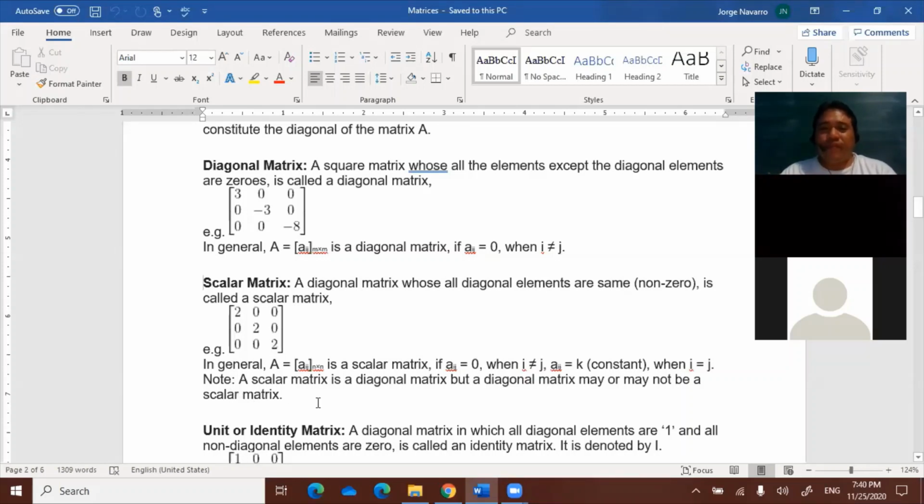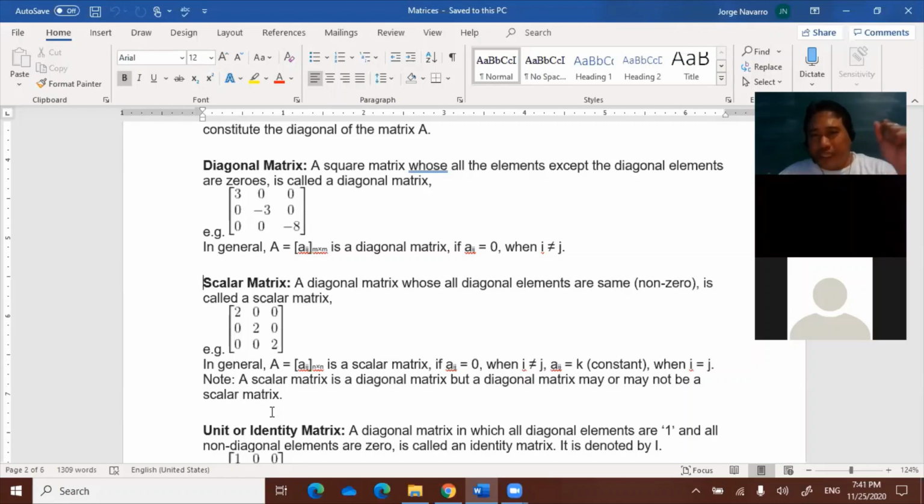So a scalar matrix is a diagonal matrix, but a diagonal matrix may or may not be scalar. So all scalar matrices are diagonal matrices, but not all diagonal matrices are scalar matrices. Okay? So it's like, how can I put it?